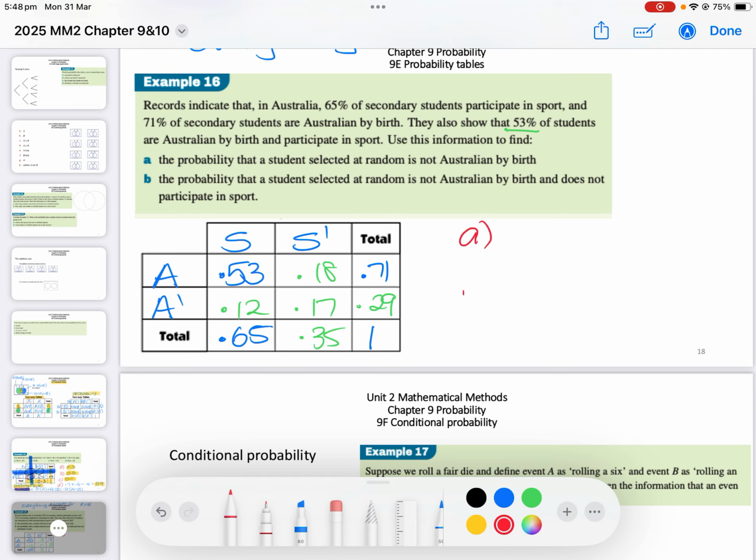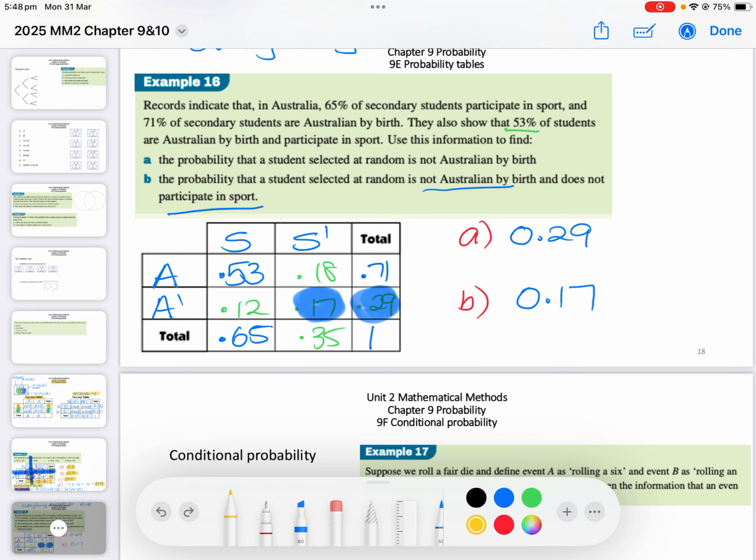Everything adds up properly, so I know I've got it right. So A, the probability that they're not Australian by birth, is this one, 0.29. And B is not Australian by birth and does not participate in the sport. That's a not. So I'm thinking this one here, 0.17.